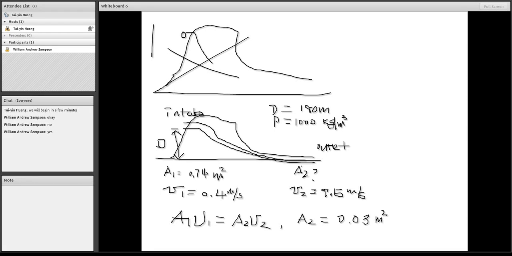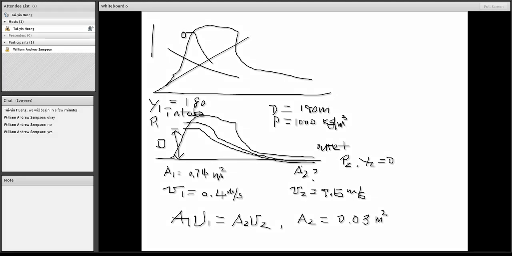So if we define this as pressure P1 and this as pressure P2, you have pressure, you have your rho, you have the velocity, and then you have to define your height. If we define our y1 to be your d, which is 180 meters, then your y2 is 0 because this is close to the ground, so we can define our coordinate system like this.